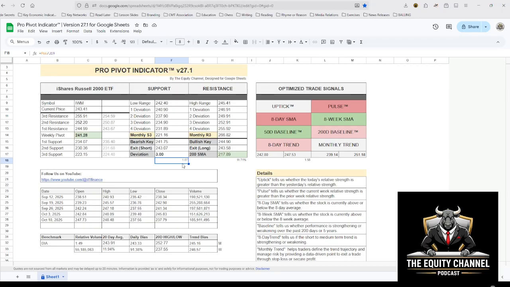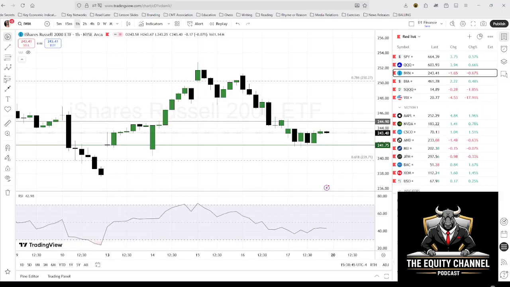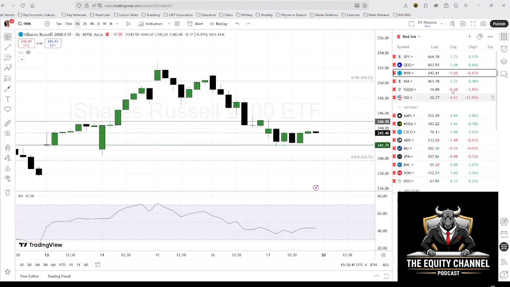So that stop loss right there is just about 0.5%. Okay, so look at this day right here. You got about 0.67% to the downside.